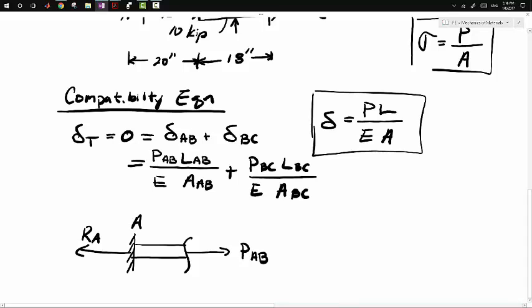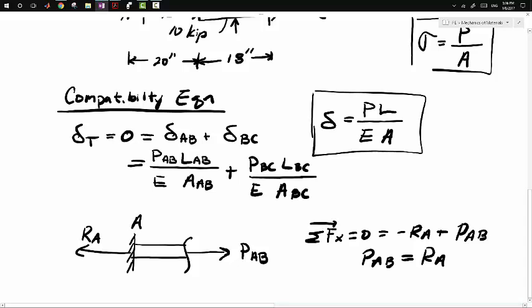I always assume my forces to be in tension and let the signs work themselves out. So if I do sum of the forces in the x direction, that's going to equal 0. So we have minus RA plus PAB is equal to 0. So PAB is equal to the reaction at A.